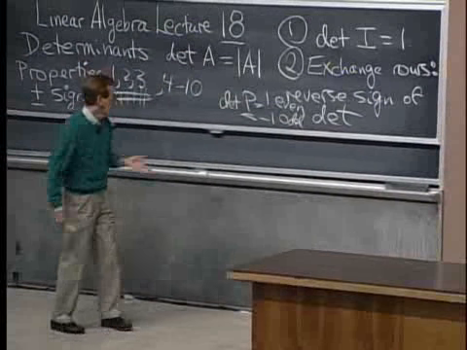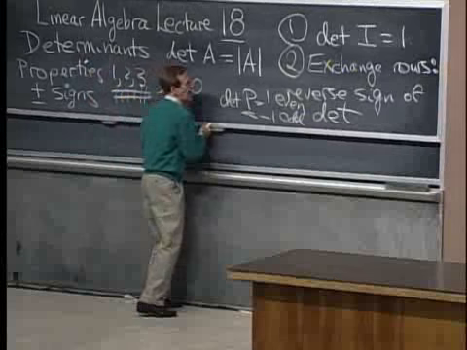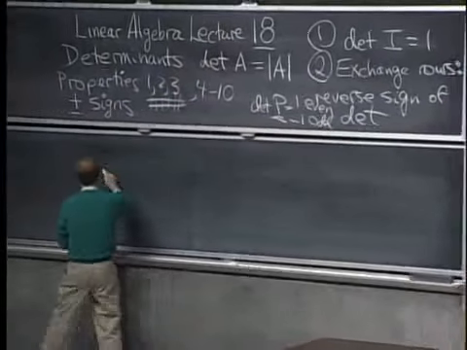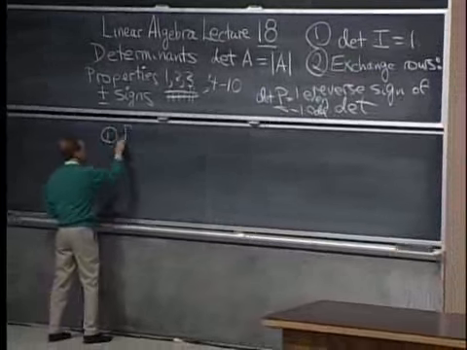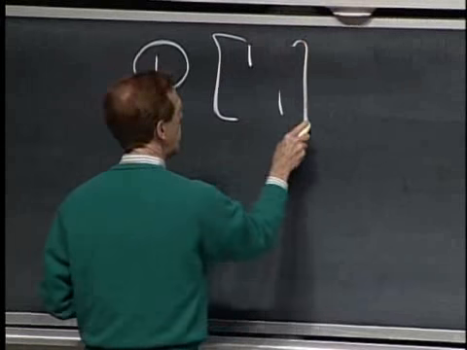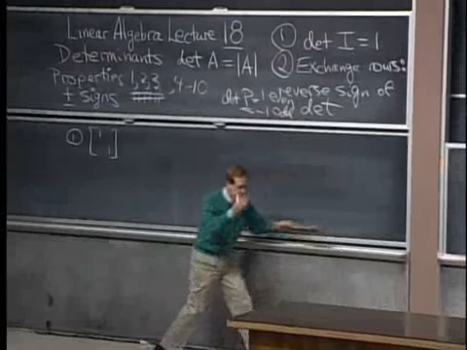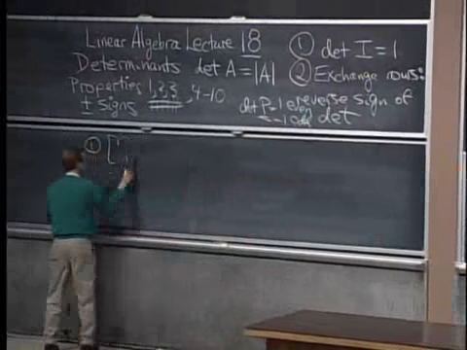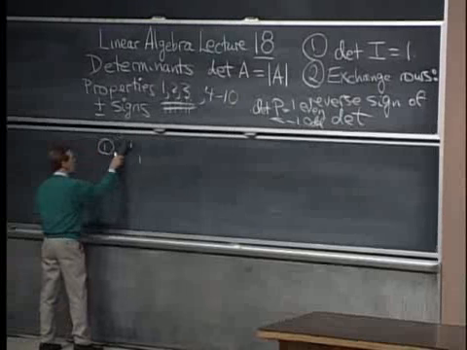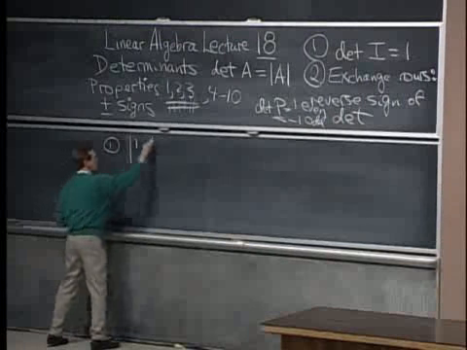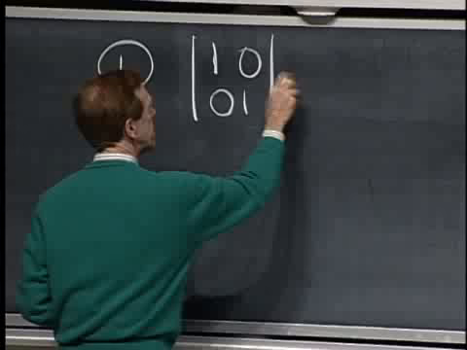Okay. So if I could carry on this board, I could do the 2x2s. Property 1 tells me that this 2x2 identity matrix, I better write vertical bars, not brackets, for that determinant, has determinant 1.